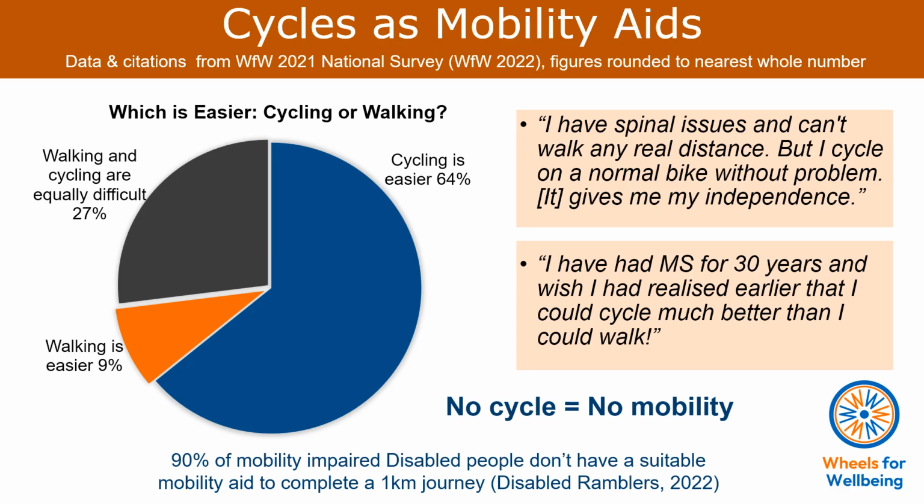Another person said, "I have had MS for 30 years and I wish I had realised earlier that I could cycle much better than I could walk." So, cycling can be a really powerful intervention for disabled people with limited mobility. But when disabled people are not permitted to cycle, then they lose all of that mobility. So, no cycle equals no mobility.